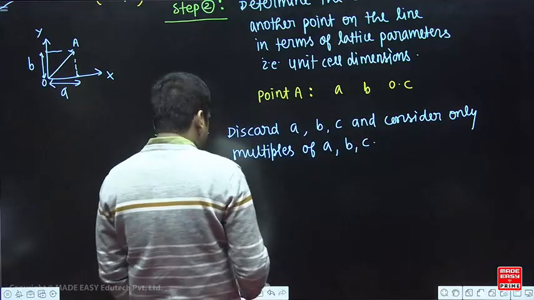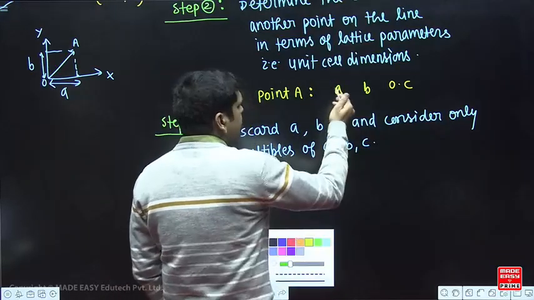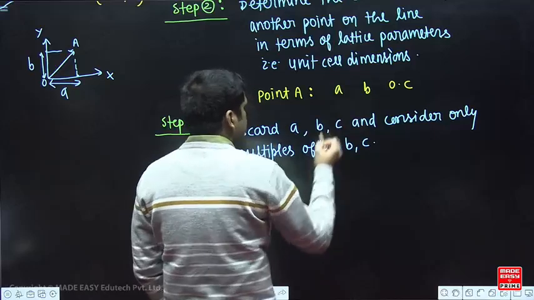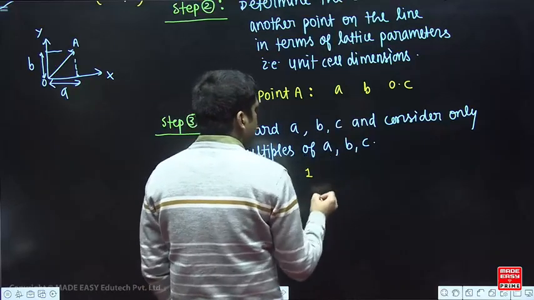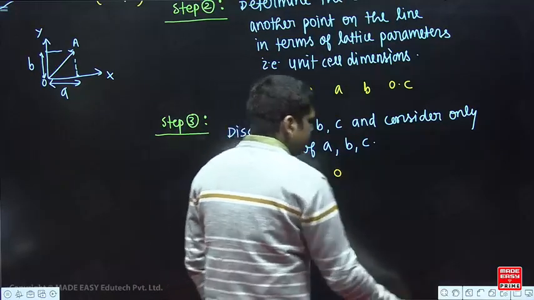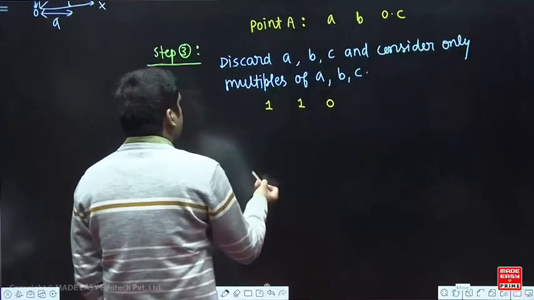What is the multiple of a? This is 1 into a, so it is 1. What is the multiple of b? 1 into b. What is the multiple of c? 0.